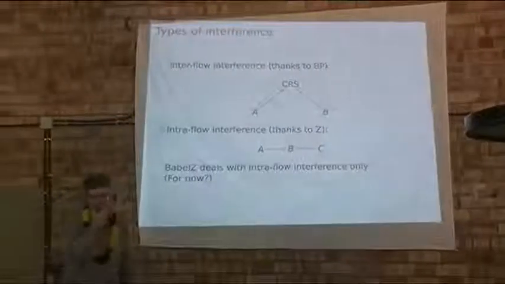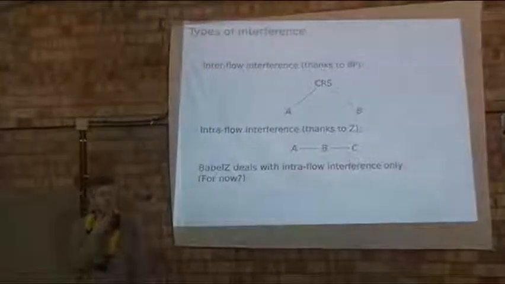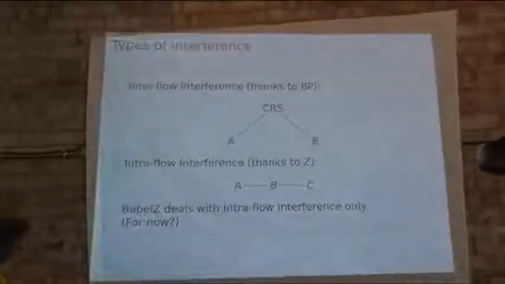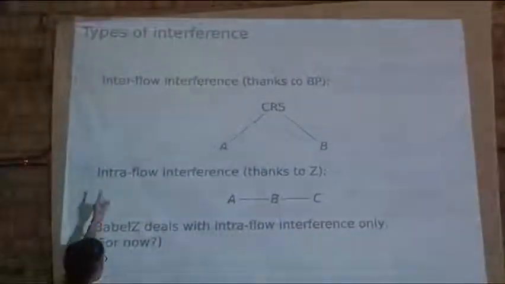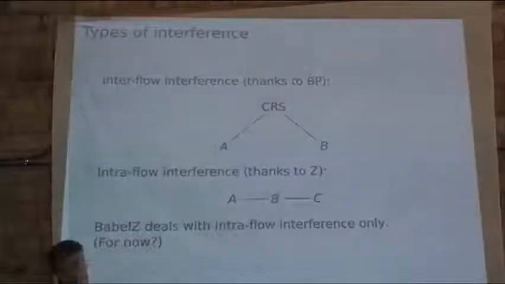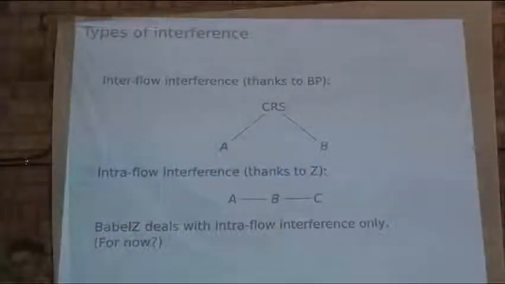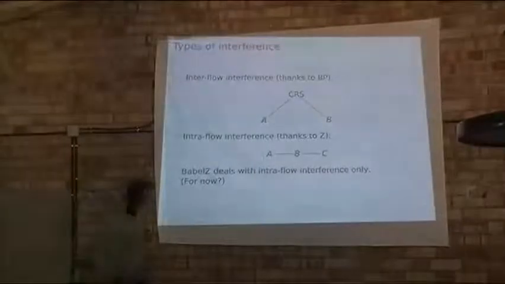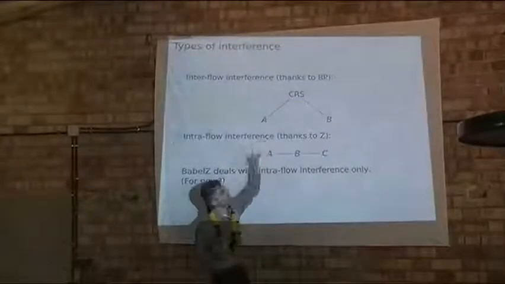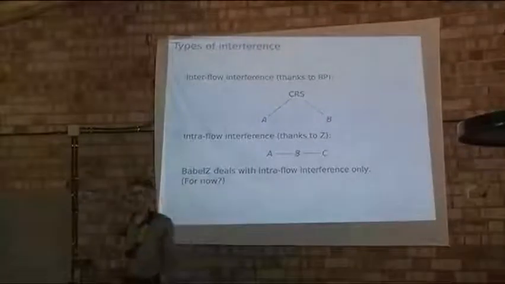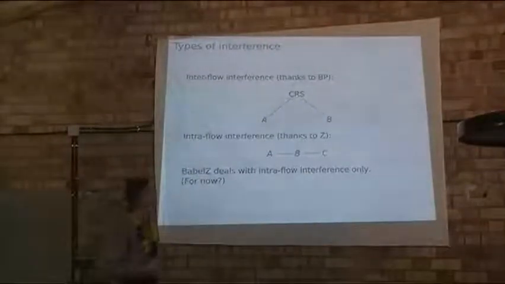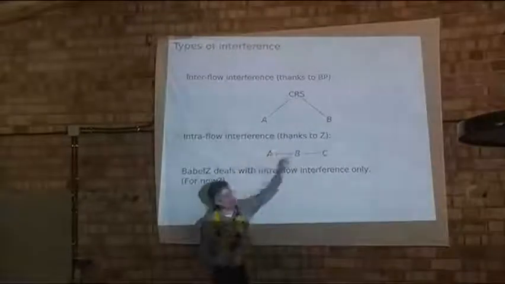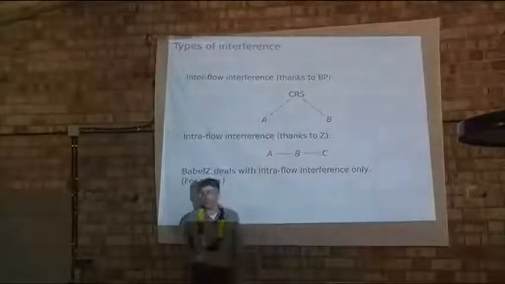Now, there are two kinds of interference which you need to distinguish, because the techniques that you are going to use to solve them are going to be different. There is interflow interference and intraflow interference: interference between different routes, and interference of a single route interfering with itself. An example of interflow interference: you have a guy over there who is communicating with two guys called A and B, and those two guys send data to the guy up there.